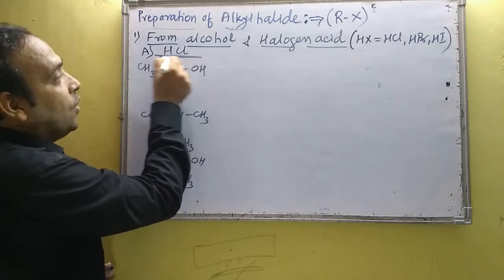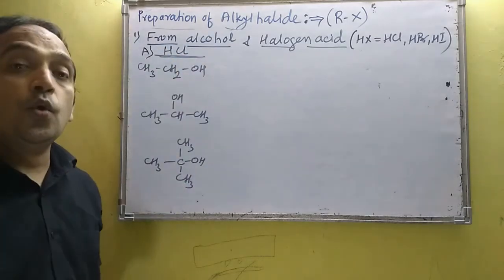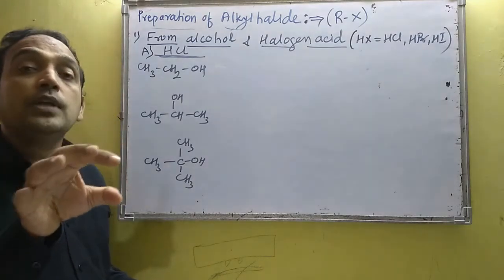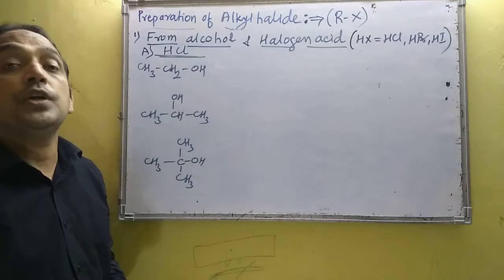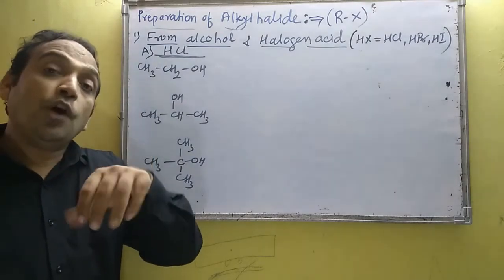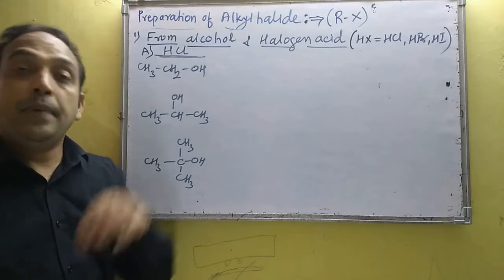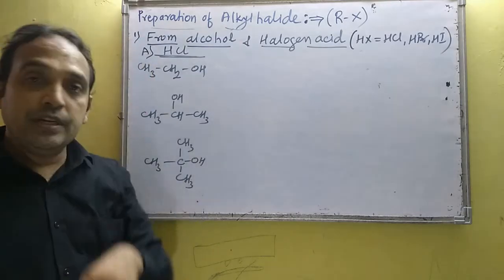Now first we will take the reaction of alcohol with HCl, hydrochloric acid. Actually the condition depends upon the nature of the alcohol. Which alcohol is given? Based on that the condition depends.